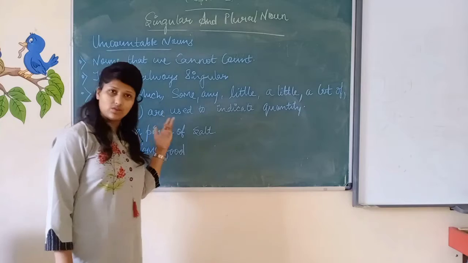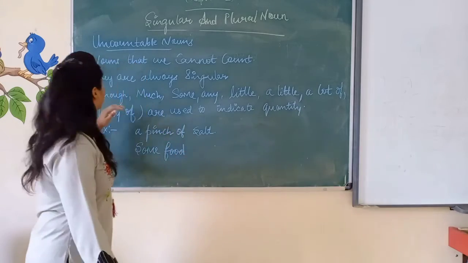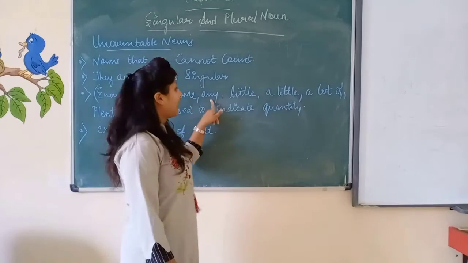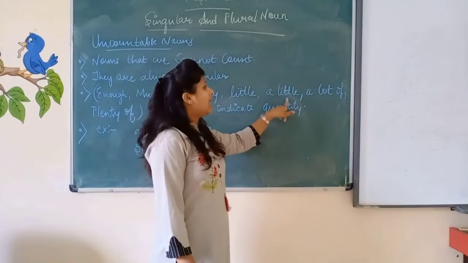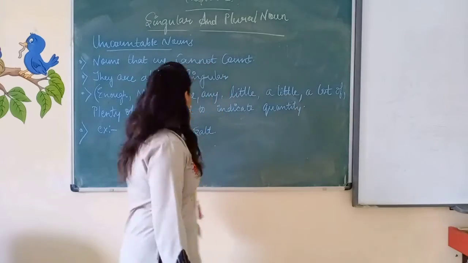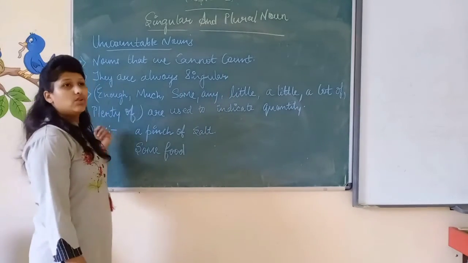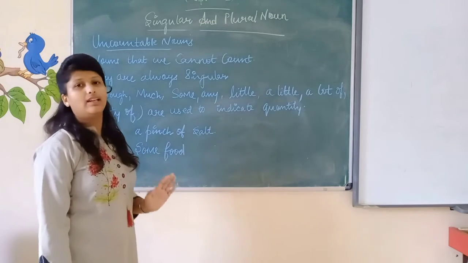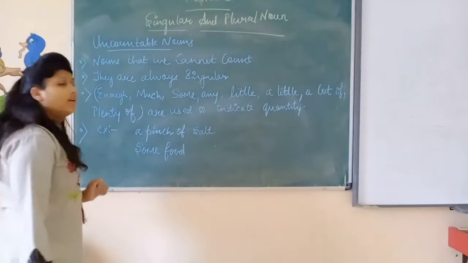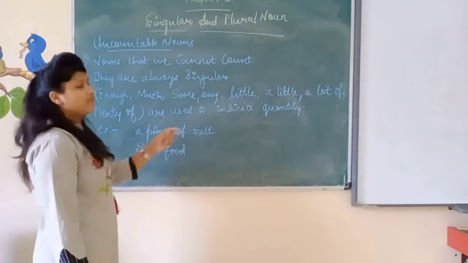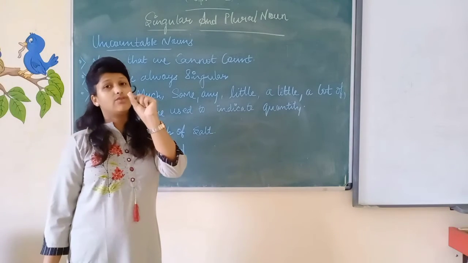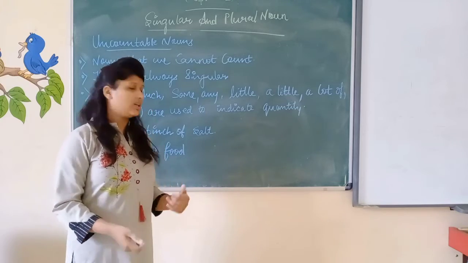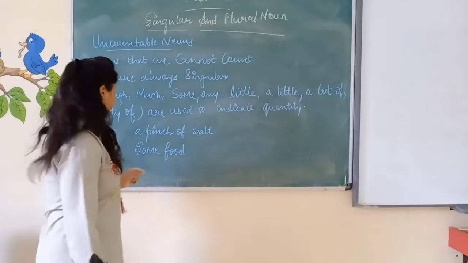I am going to repeat these words once again. Enough, much, some, any, little, a little, a lot of, plenty of. So these are the words used to indicate the quantity in uncountable nouns. For example, a pinch of salt, that is this much amount of salt, but we cannot count how many pieces of salt are coming in that pinch.